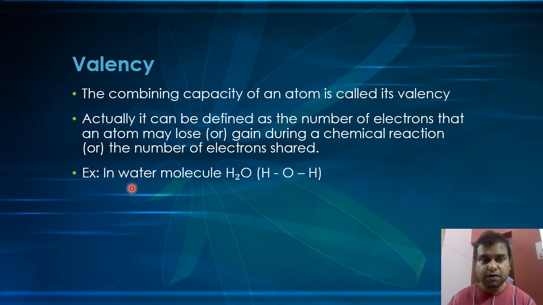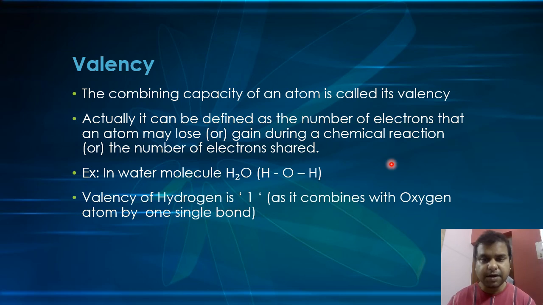Example of valency in the water molecule. Here you have H2O, where two atoms of hydrogen combine with one atom of oxygen. The valency of hydrogen is 1 as it combines with the oxygen atom by one single bond. A single bond tells you the valency of hydrogen, which means its combining capacity.